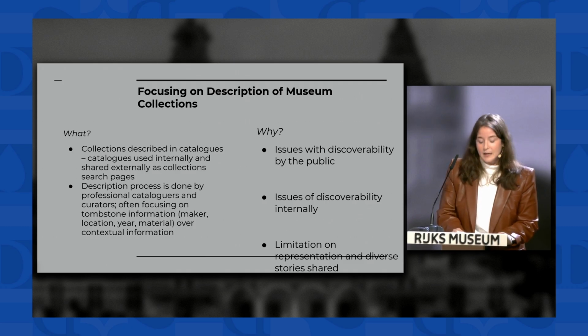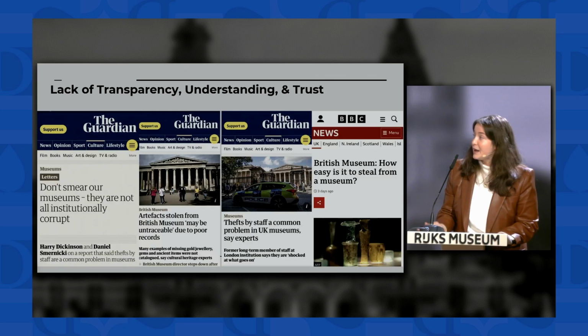A particularly adept way to make this shift is to bring the public into the description process itself, engaging them with the pieces and expanding cataloging data so it is more representative to the public as a whole. But before I get into crowdsourcing, let's talk a little bit about why that searchability and language choice matters.